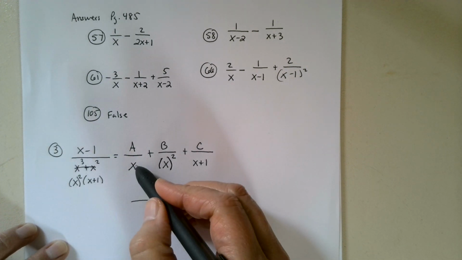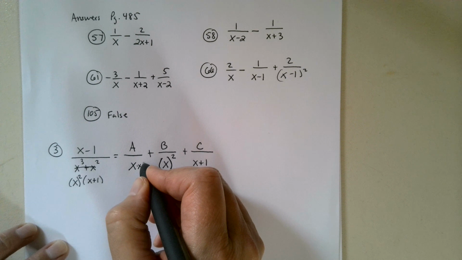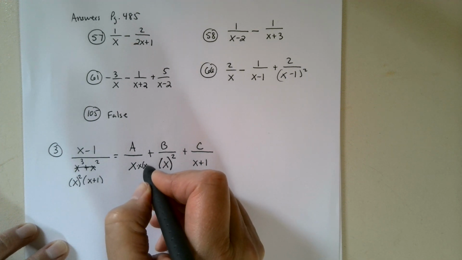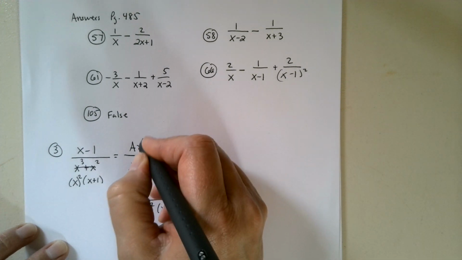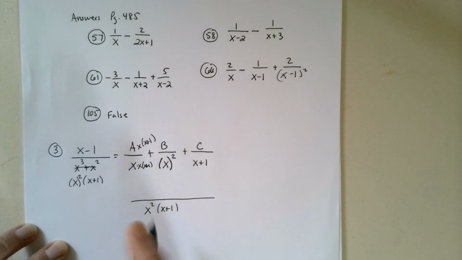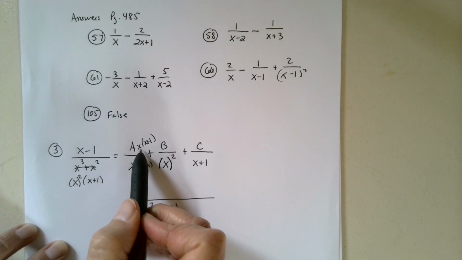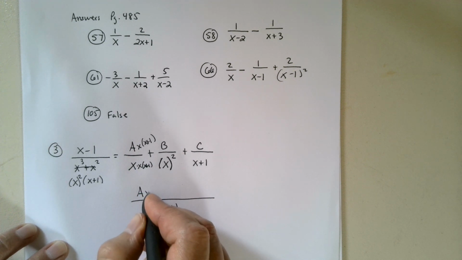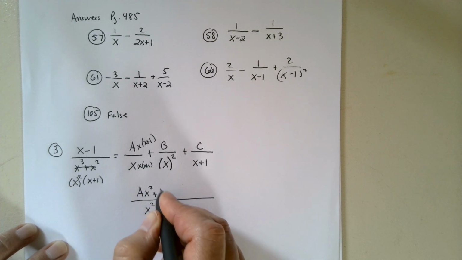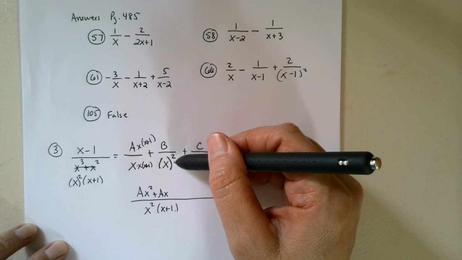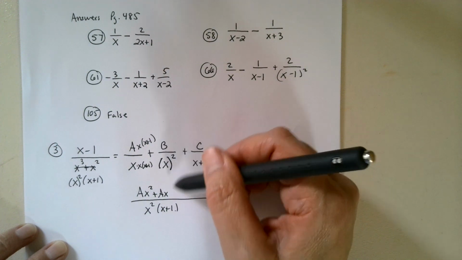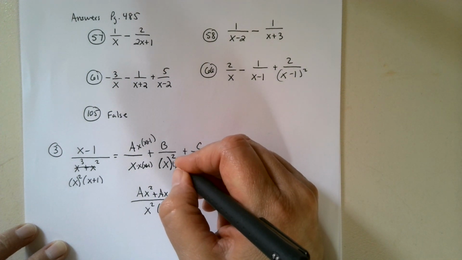And so for the a, for the first denominator, I need to multiply by another x and an x plus 1 to get x squared times x plus 1 in the denominator. In the numerator, when I distribute, I'm going to have ax squared plus ax. My second denominator just needs an x plus 1.